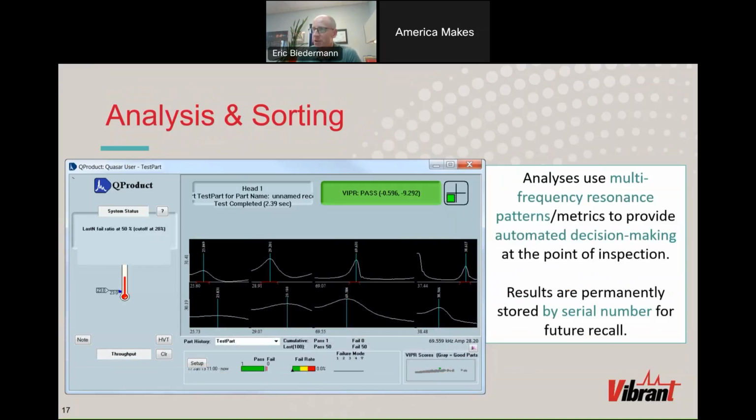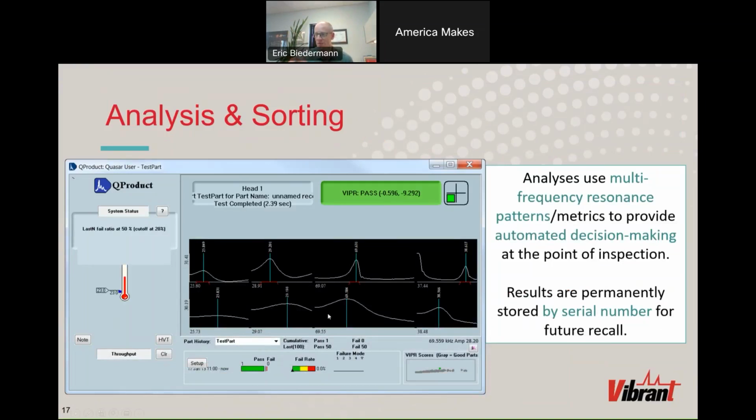So in a serial production analysis and sorting environment, this is the sort of interface that a user would see. This is a Viper-based sorting module that uses 4 diagnostic modes of vibration to run a pass or fail test. And the scan is first performed in what we call the low-res scan, where it's just identifying the peak, making sure that all the peaks are present in the bands we're looking for.